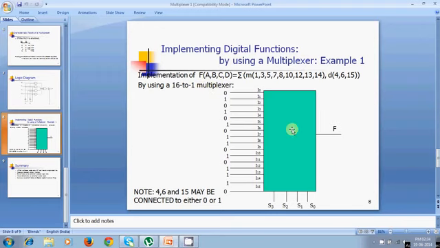What we will do is connect those inputs which are present in this function to logic high, and we will provide a logic 0 to those which are not present in the function. In the function, there are some don't care conditions. The don't care conditions may be either 0 or 1.